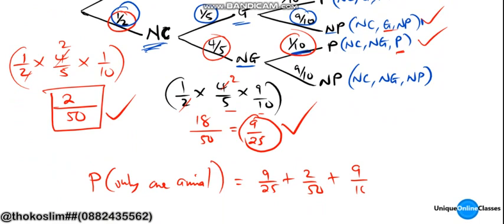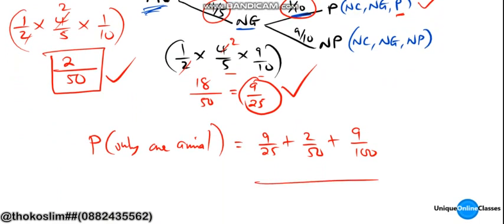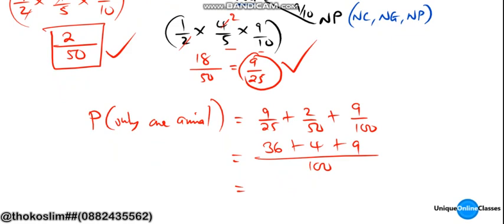So our common denominator here, that's 100. 4 times 9, that's 36. Plus 2 times 2, that's 4. Plus 1 times 9, that's 9. And if we combine 36 and 4, that's 40. Plus 9, that's 49 over 100. So our answer is this one.